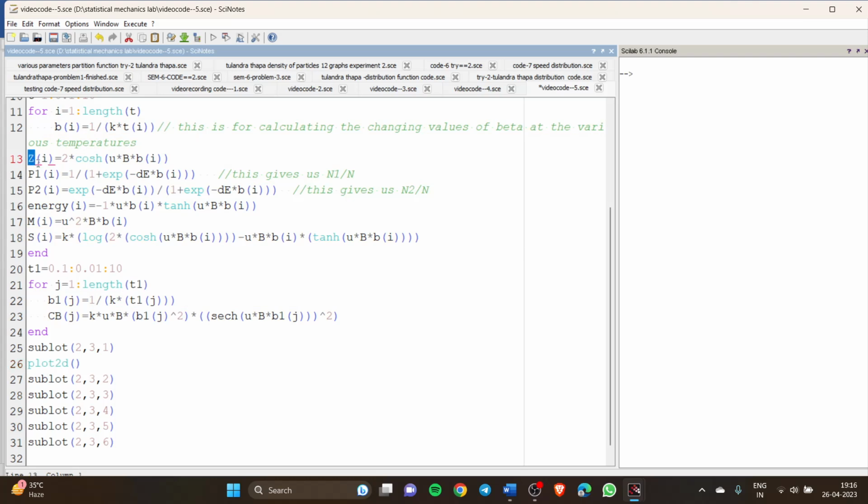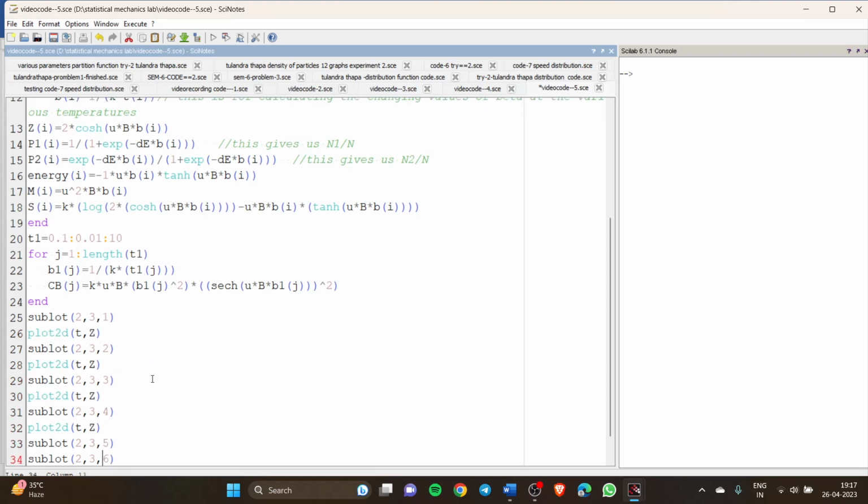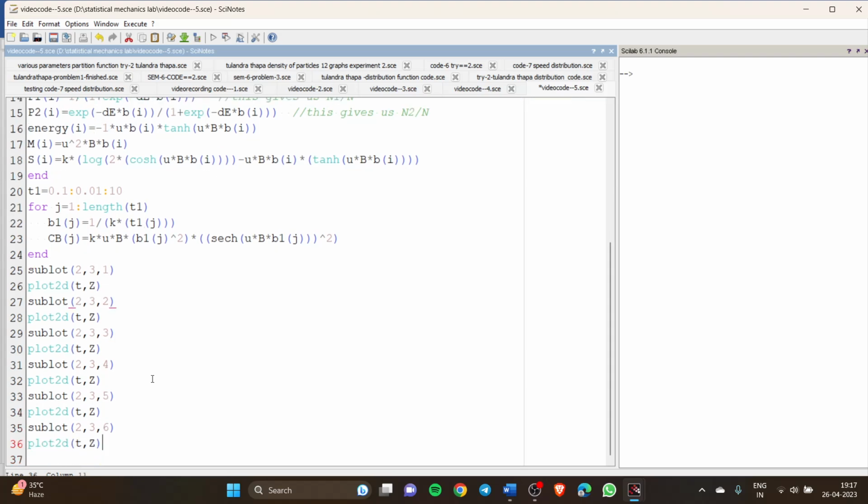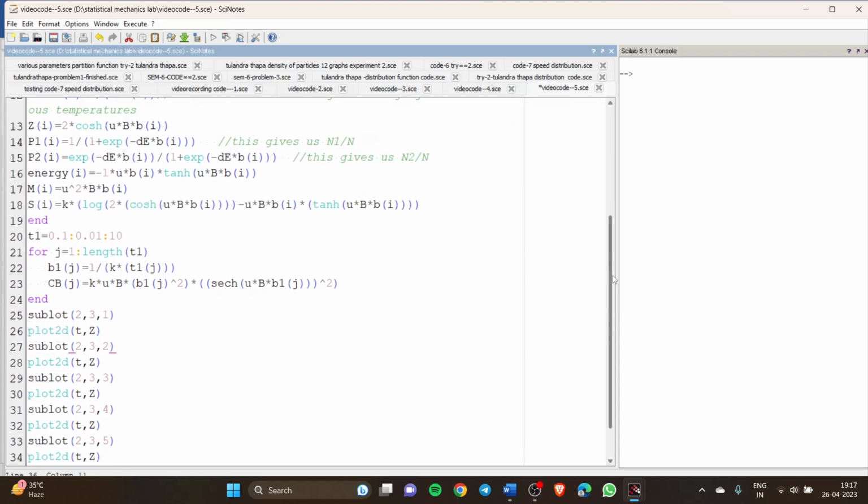First we plot Z, Control C, T comma Z, T comma, Control V, and then we paste it in the rest. Now first we have Z, then we have, I suppose, Z P1 P2.